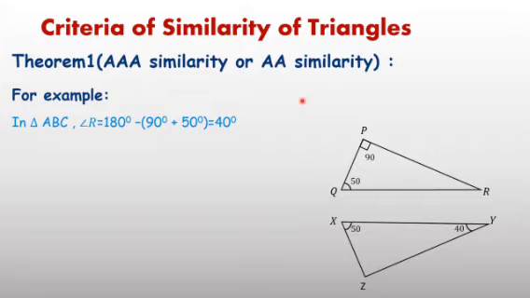But here also I want to cover double A similarity. If two angles are equal, also we can say similar. Here angle Q equal to X equal to 50 degree. Second angle R equal to Y equal to 40 degree. Third is also equal. But if two angles are written, it is not necessary to always write the third angle also.